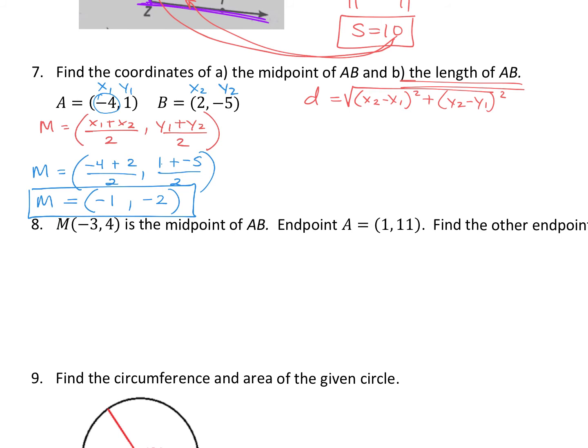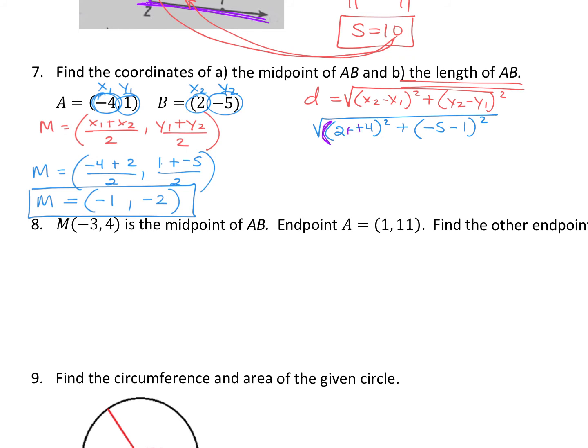Distance formula, if you plug these in, it's the square root of 2 minus a negative 4 squared plus negative 5 minus 1 squared, okay? And then be careful when you're doing this. If you plug it in, that's fine, but plug it in with that extra parenthesis out in front.